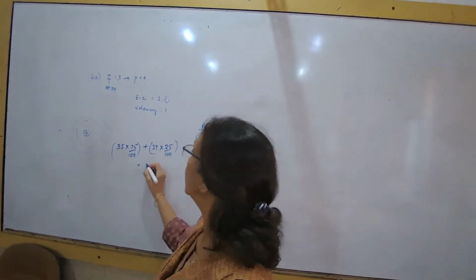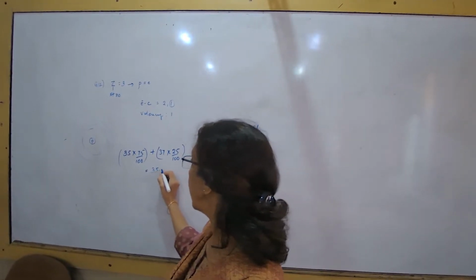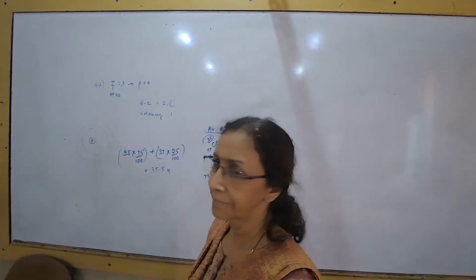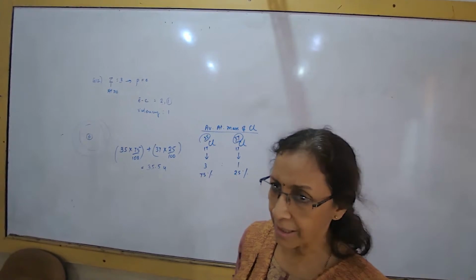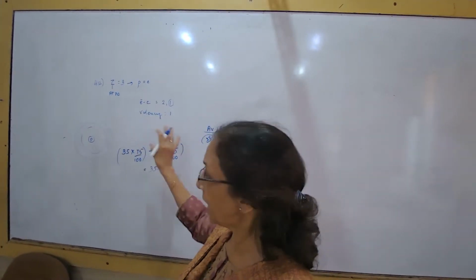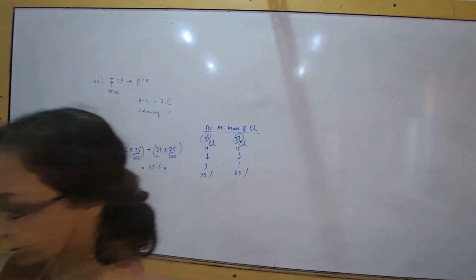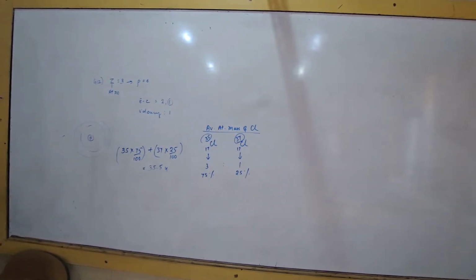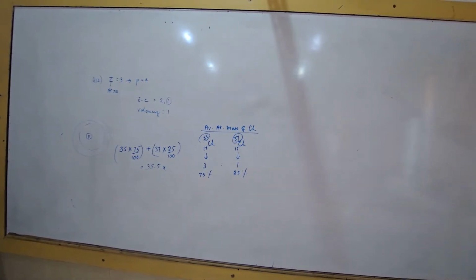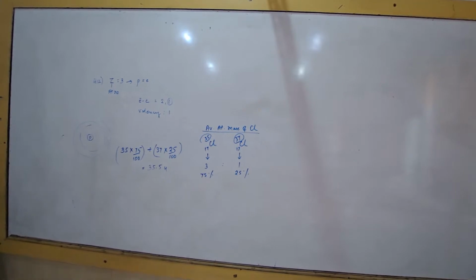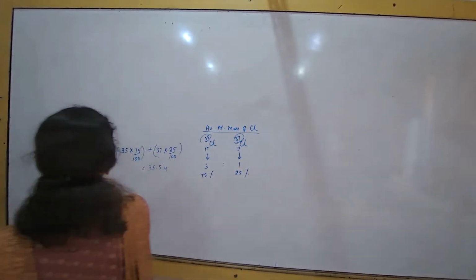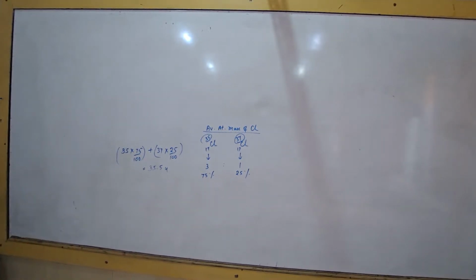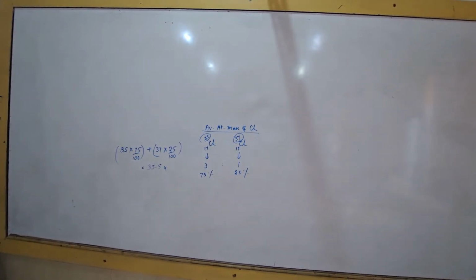It is 35.5. Did you understand how to do it? So basically we are using the same method in order to find out for bromine. Did you understand how we are going to do?